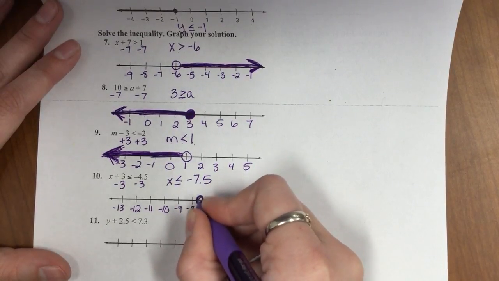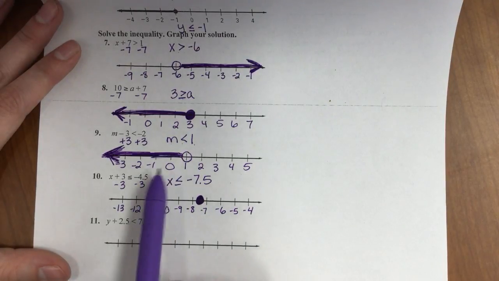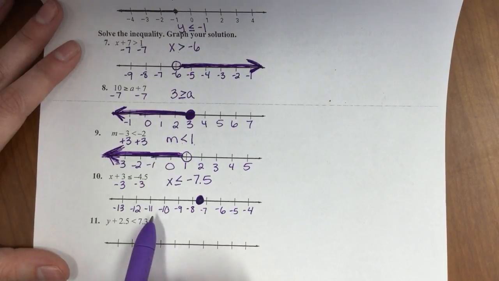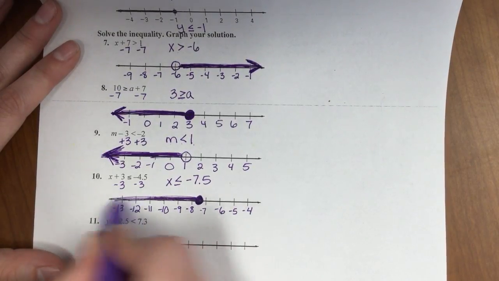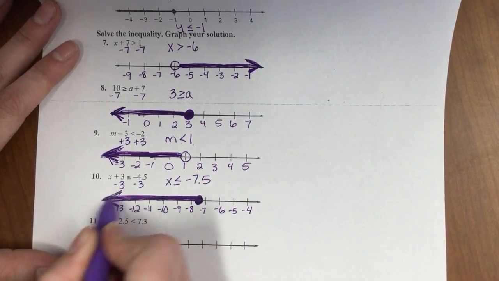It's filled in because it's or equals to. We need smaller than -7.5. -10 is smaller than -7.5. So we shade that way.